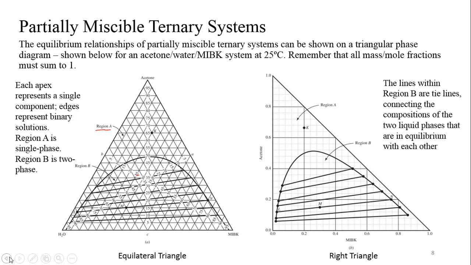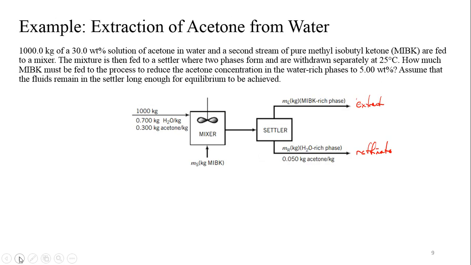So you just said it. So they're related via a tie line, right? They're connected via a tie line because they are at equilibrium. So if we can locate one of those two phases on this diagram, then we can use the tie line to figure out what the state of the second phase is. All right. So let's think about doing this.